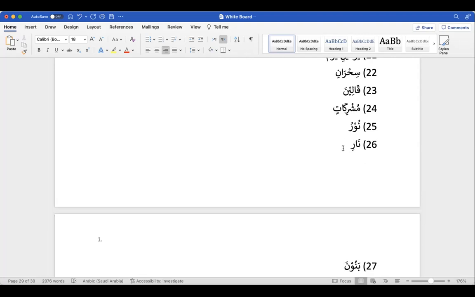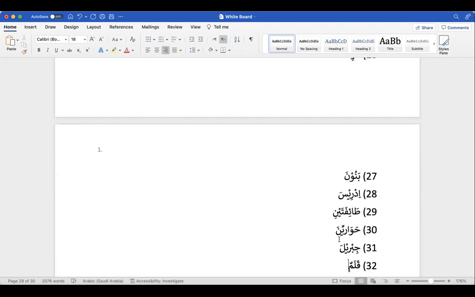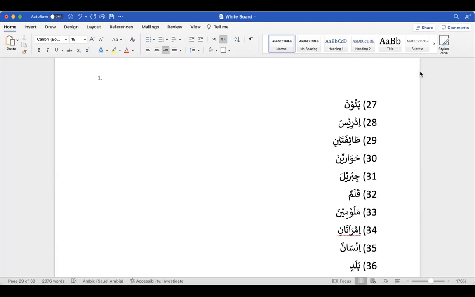Nar, Nari is already majroor; it is also fully flexible: Narun, Naran, Narin. Banuna, una sound, fully flexible, like Muslimuna. Idris is partly flexible.